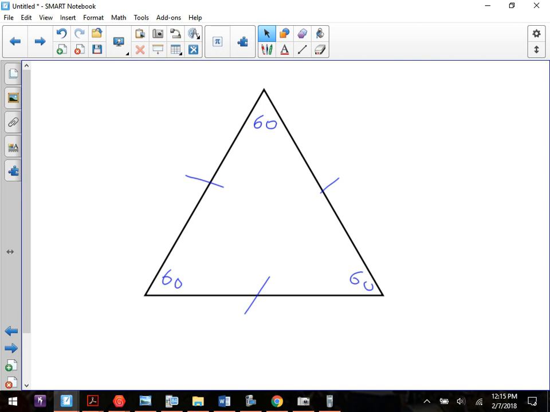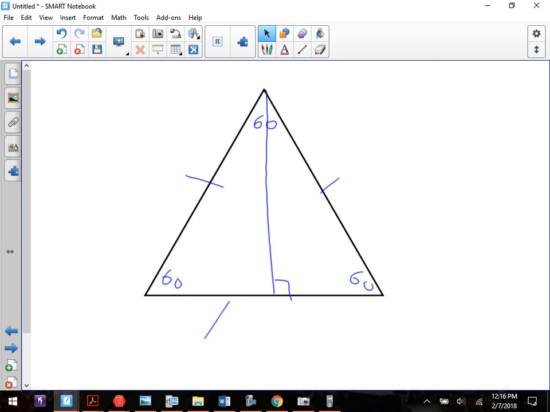The altitude of an equilateral triangle, or isosceles, is drawn from the vertex to the side opposite, and it is perpendicular. If you recall, the altitude bisects the side that it runs into for these types of triangles.